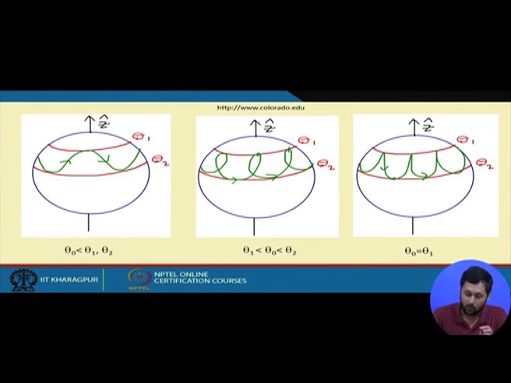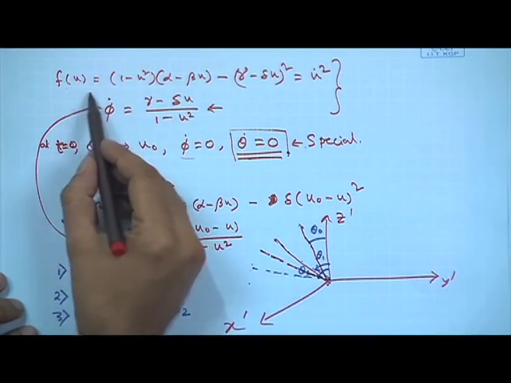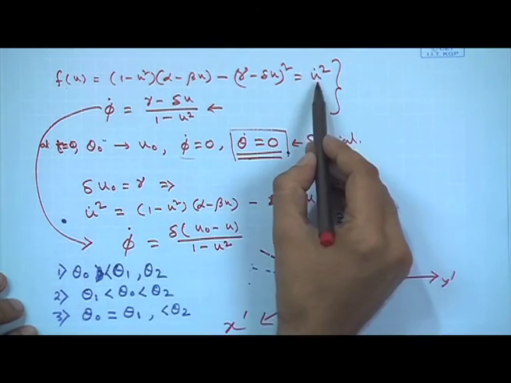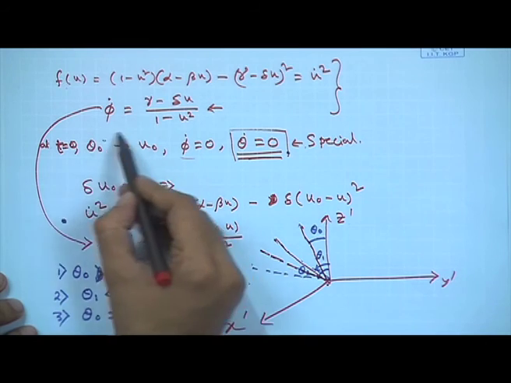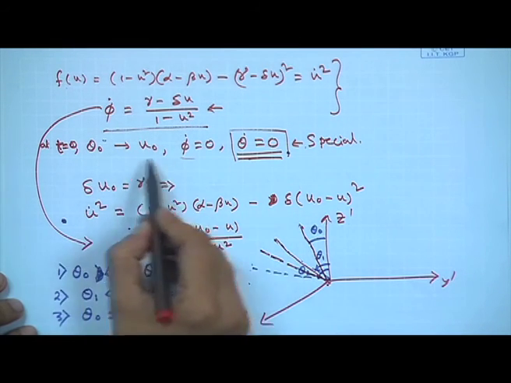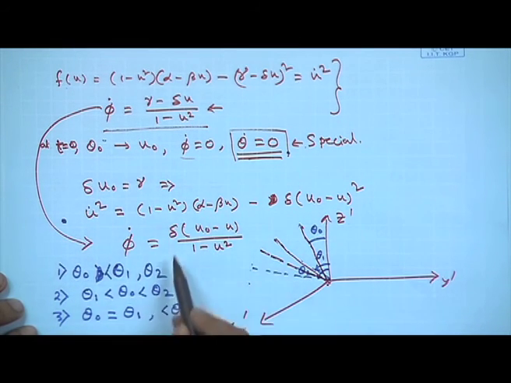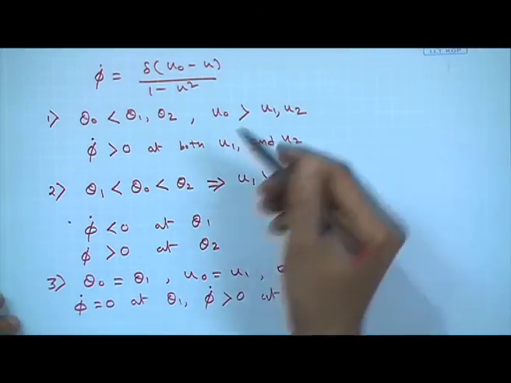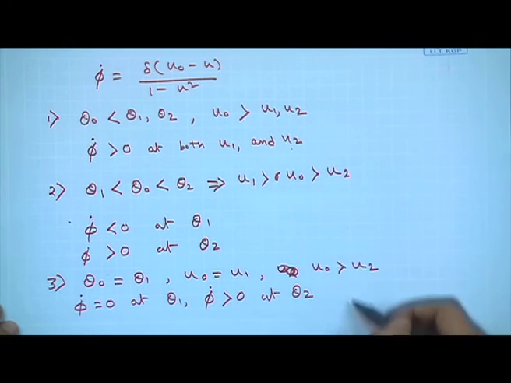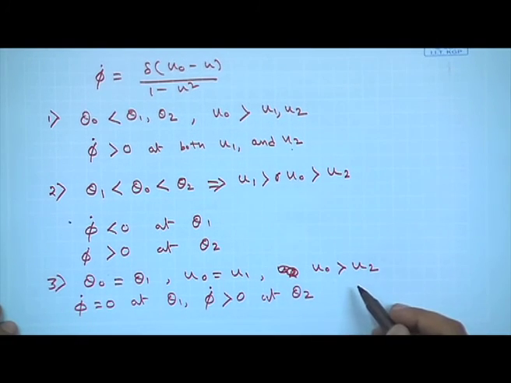All of this can be understood in terms of very simple mathematics, where we first find the roots by setting f u dot equal to 0, and then we slightly modify this equation for this particular initial condition to this, and all three types of traces are a direct consequence of this simple mathematics.